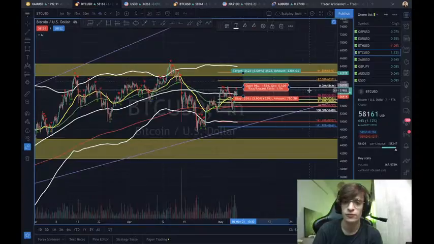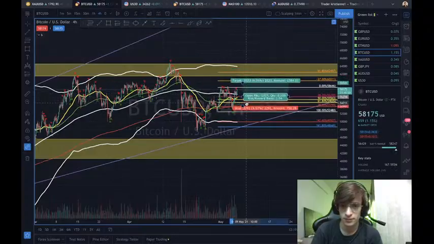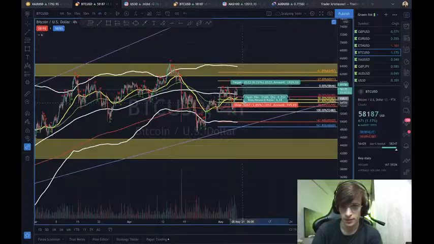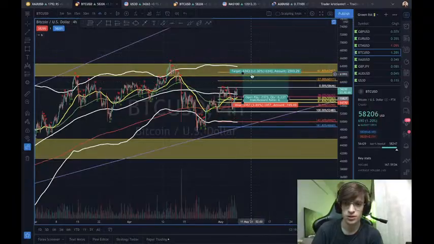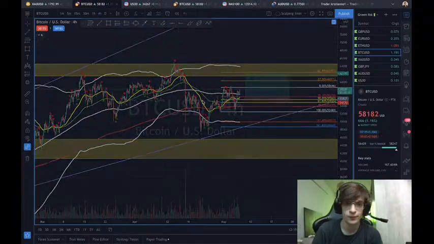It will be a 1 to 5 reward ratio, but you can also wait until it goes down and respects this golden zone again, then setting the stop loss to this bottom golden zone, and it would be a 6 reward ratio. So a pretty good trade it would be.